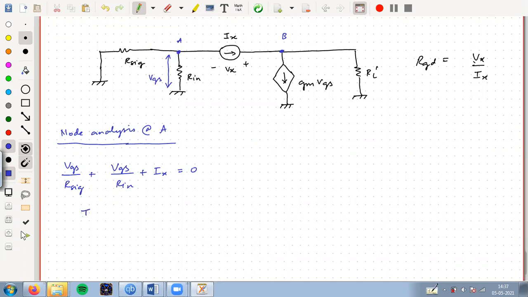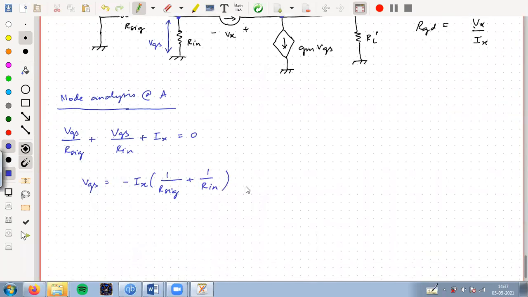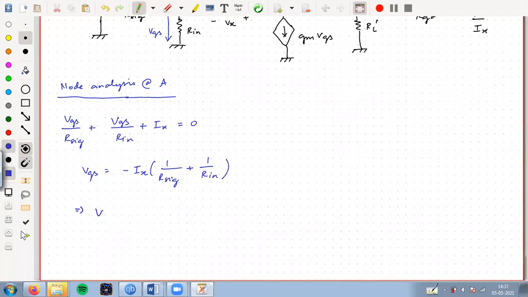From this I can write VGS as minus Ix into 1 by R signal plus 1 by Rn. So VGS is equal to minus Ix into R signal parallel Rn. I will call this equation 1.